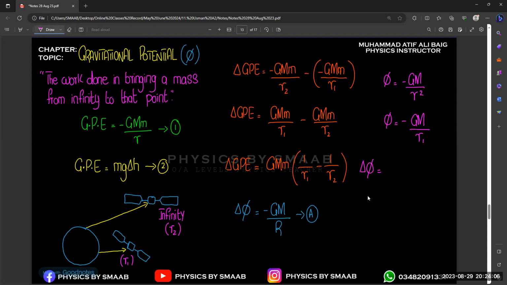First one is for position number 2, second one is for position number 1, and your change will be equal to minus GM over r2 minus GM over r1. Again, you just take the common values and minus minus will be plus.